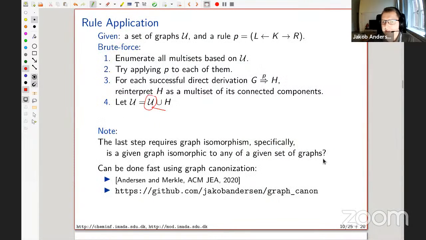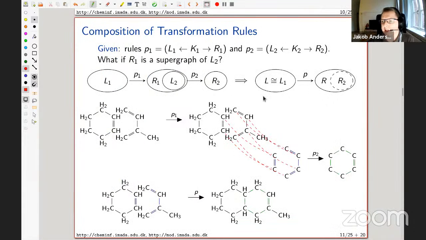So instead of enumerating all these multisets, we can use the fact that we focus on the connected components, both of the left-hand side of the rule and of these graphs individually. Just as a quick side note before we re-implement this: if we take two rules and see how they relate, what if the left-hand side of some rule, P2 here, is a subgraph of the right-hand side of another rule?